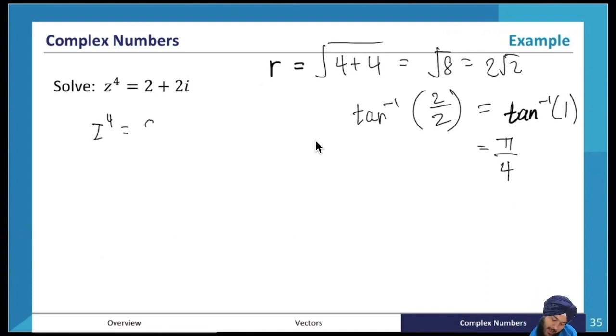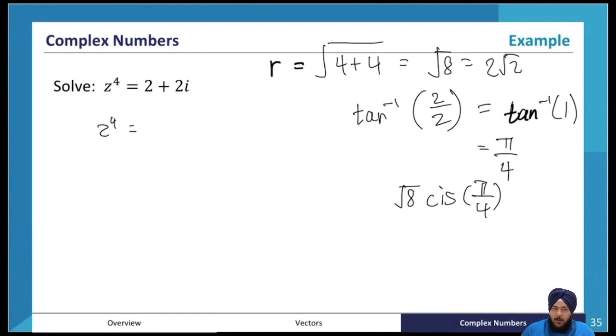So now we have our equation. So root 8 cis pi over 4. Okay, so now that we know our complex number in polar form, let's just write it down. So 8 to the power of half, cis pi over 4.